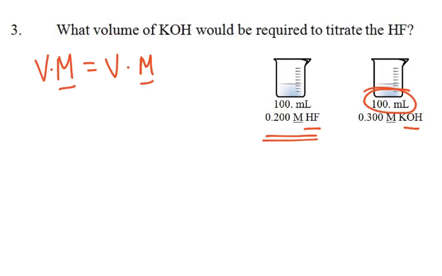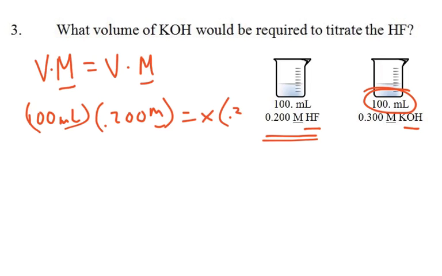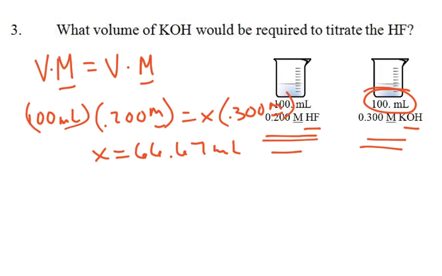We're going to have 100 milliliters times 0.2 molar acid equals X milliliters times 0.3 molar. And when we calculate that out, we find out we need 66.67 milliliters of the base. And that's not surprising. The base is a little more concentrated than the acid, so to neutralize 100 milliliters, we're going to need a little less than 100 milliliters. So far, so good.